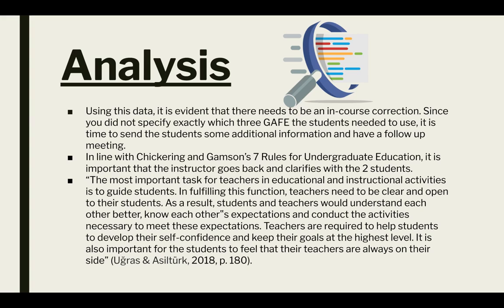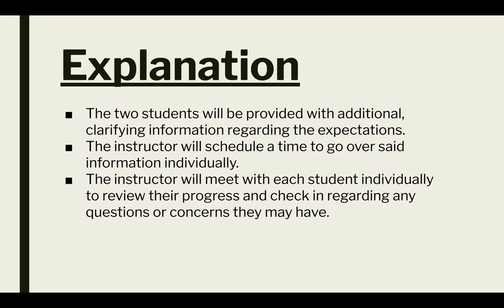So from this quote, we can gather that the teachers need to be very clear in their expectations with their students, but at the same time, they also need to be very supportive and meet with the students if there's any discrepancies. So the explanation I have is that the 2 students are going to be provided with additional clarifying information regarding the expectations.